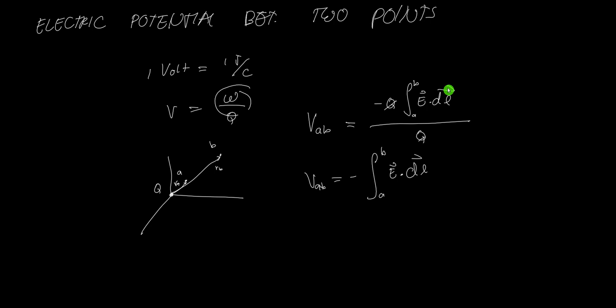Also, because the work is conservative in electrostatics, if we have another reference point between A and B, let's say point C somewhere here, then V_AB will be just equal to V_AC minus V_BC.